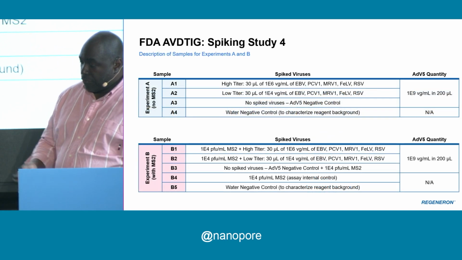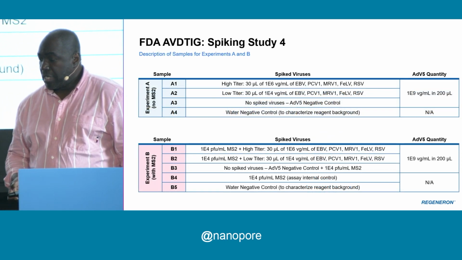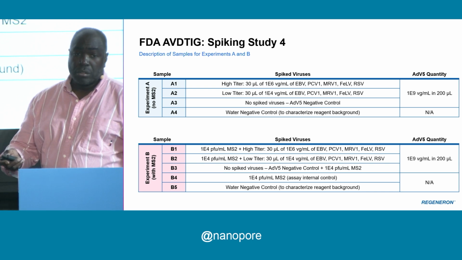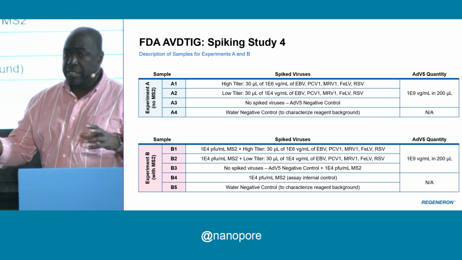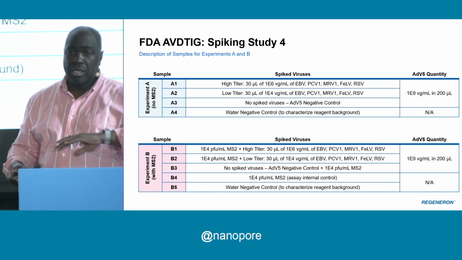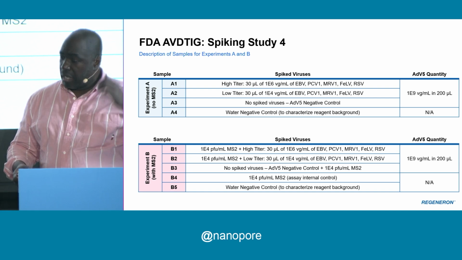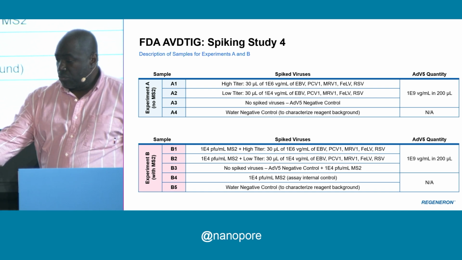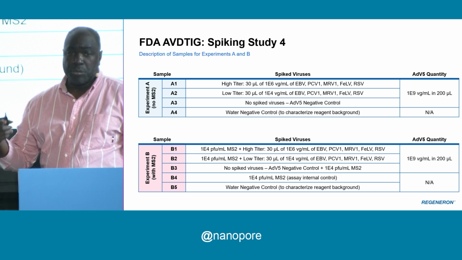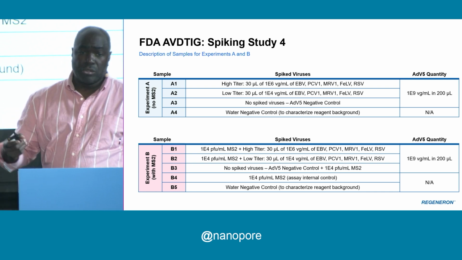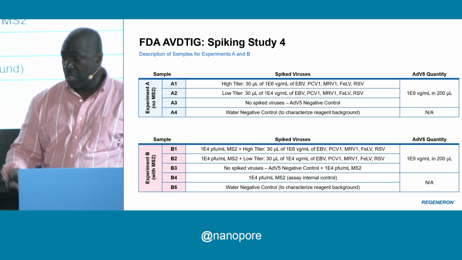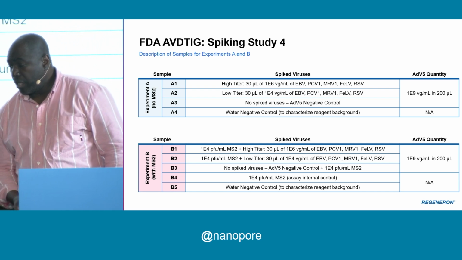So that's the flow. For this case, we used the AdVTiG sample. If you are not familiar with AdVTiG, it's a consortium run by the FDA, and it's free. There are a lot of biotech companies running studies and performing them at each lab, then comparing results and trying to come up with some consensus testing.